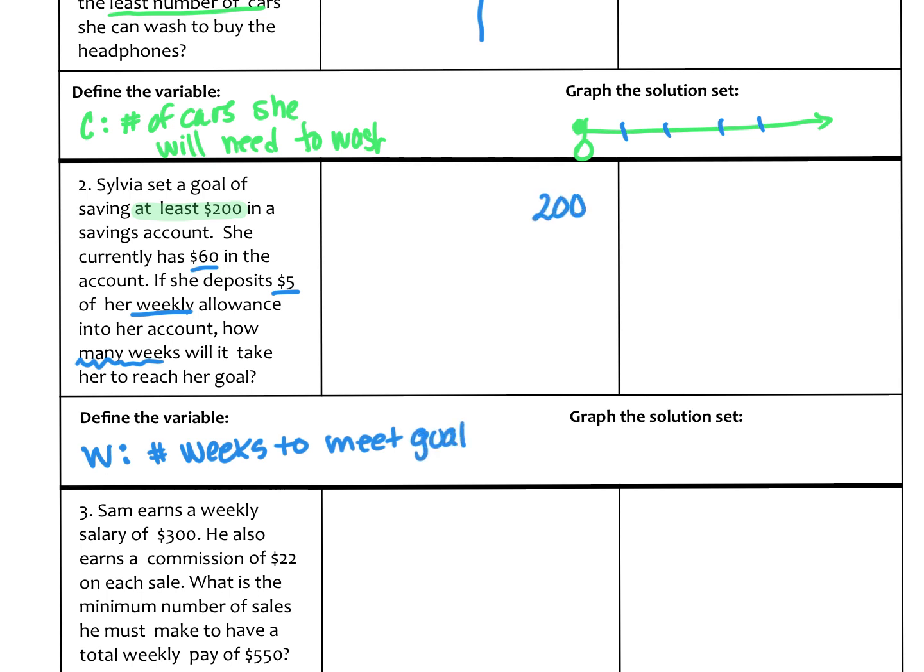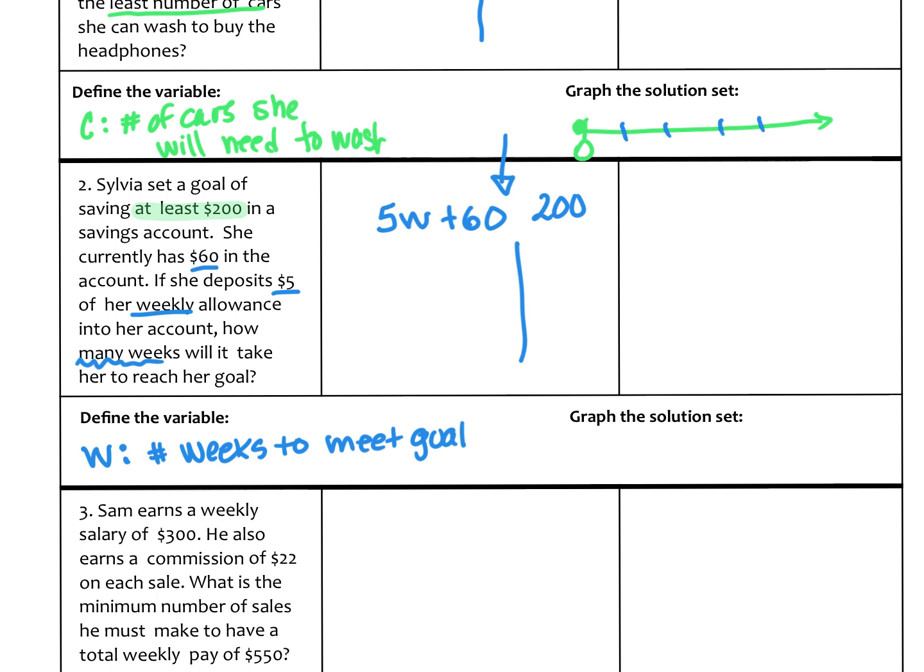I'm not going to tell you which sign goes there, okay? And so your sign's going to go in right here. And then it looks like she's going to get $5 that's in repetition each week, plus she already has the 60. So now it's your job to find the sign that goes there.